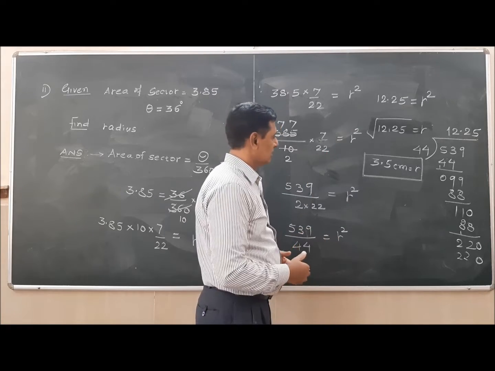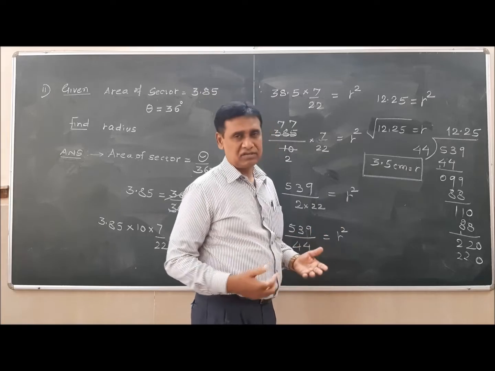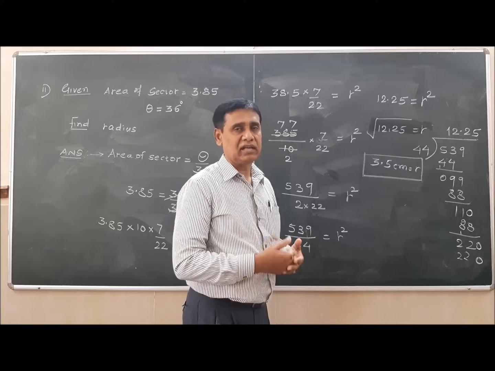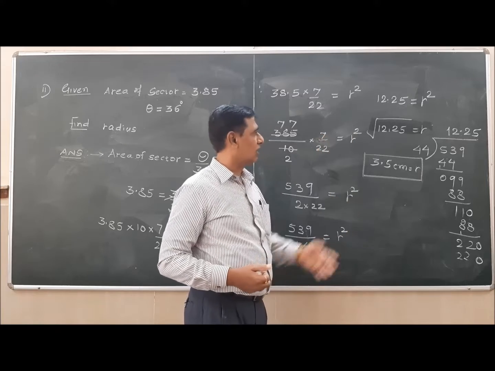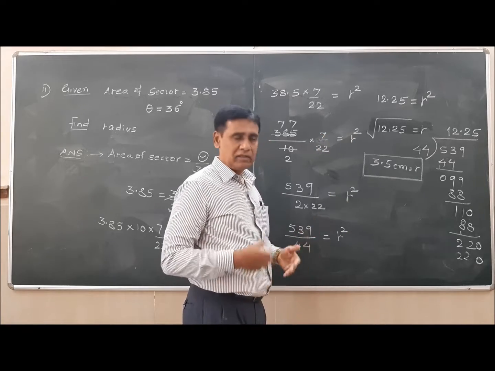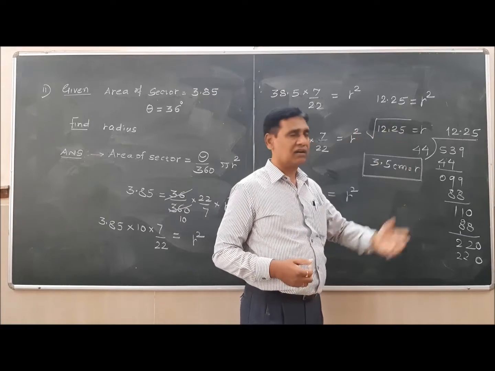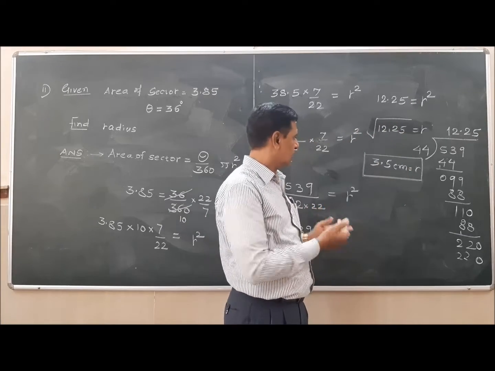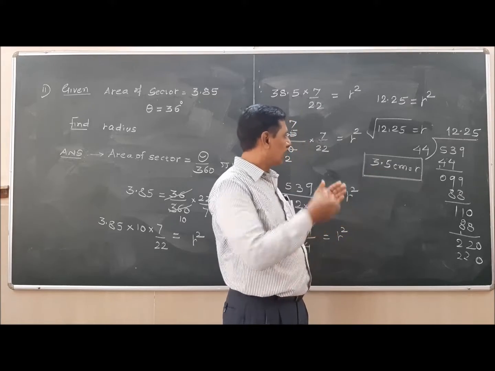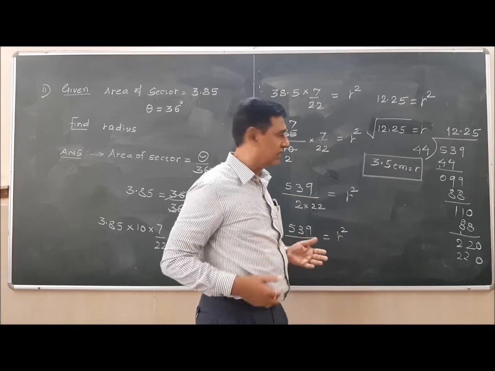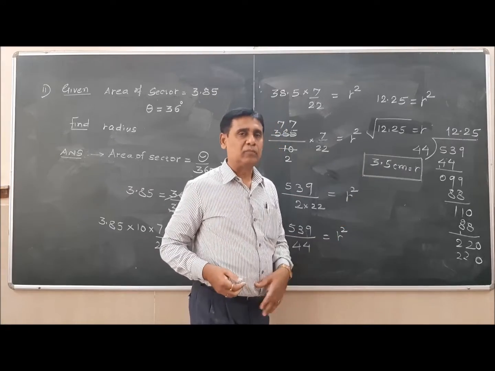Of course, I can teach you how to find it, but it's time consuming because it is expected that you know the square root of 12.25 from previous classes. Whenever the last two digits are 25, you will get 5. And if you take the next term, it was a 12, so in reverse you can get 3.5.